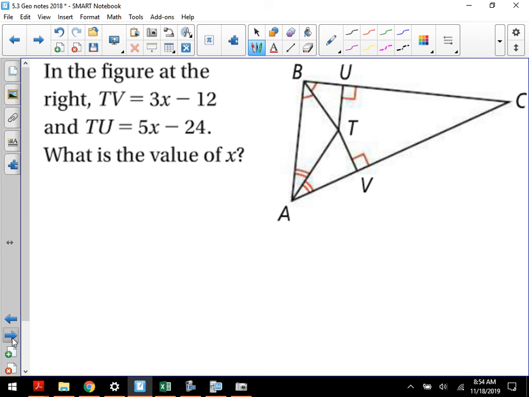That's what I thought. 36. 2x. That's 36.